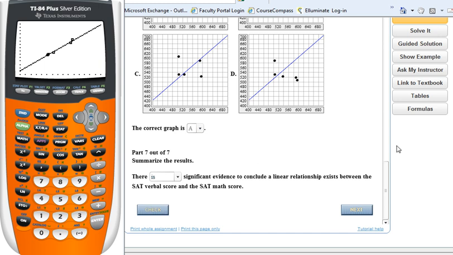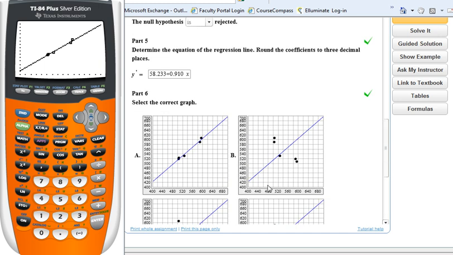Which means that if I come up here one more time and look at this, if a student scored a 680 on the verbal, then I can predict that they're going to score about a 680 on their math portion. I can also use my regression equation that I created to test that. So if I use the regression equation, I say, okay, if a student makes a 560 on the verbal, what will they make on the math section? And I can do that. And that's the idea of a regression equation.